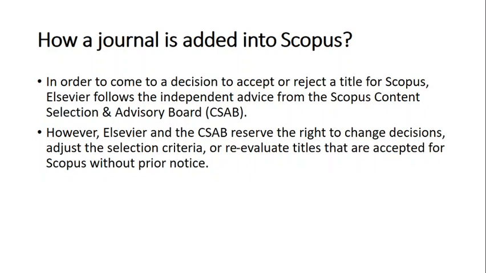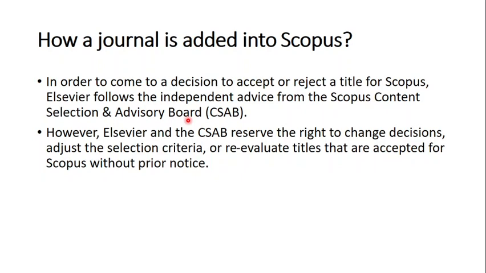It is done by CSAB. You can see CSAB, a board called Independent Advice. Even though Scopus is owned by Elsevier, Elsevier will take a decision based on CSAB, that is the Scopus Content Selection and Advisory Board.